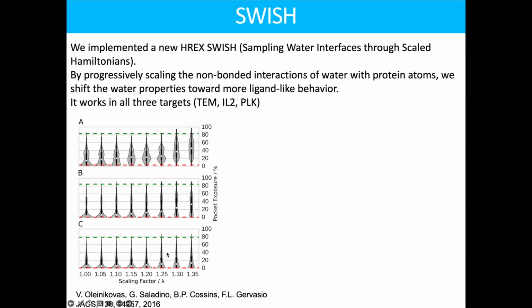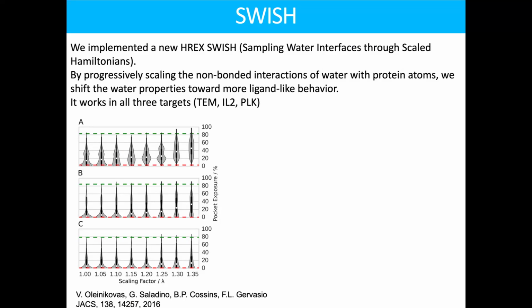When we did this, and now we ran it again on the TEM1 beta-lactamase, we see that for TEM1, clearly using Swish encourages the opening of the cavity at a high lambda, where there is more interaction with the water, this changed water.